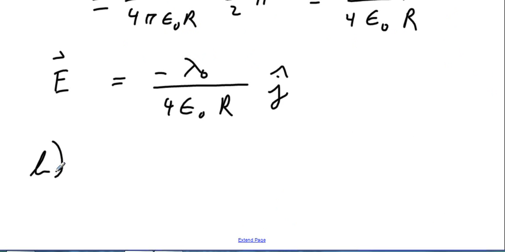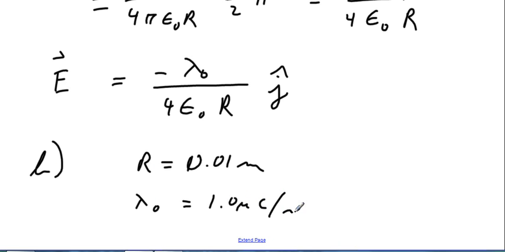50B. Determine the acceleration of an electron placed at point P, knowing that the radius is equal to 1 centimeter, 0.01 meter, and that lambda naught is equal to 1.0 microcoulombs per meter.